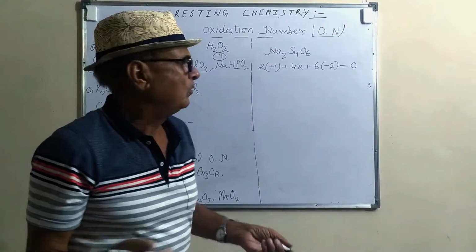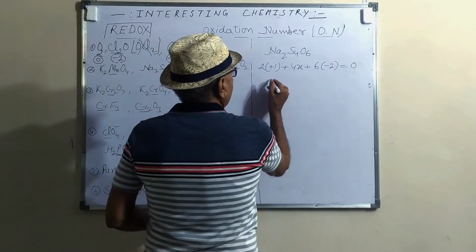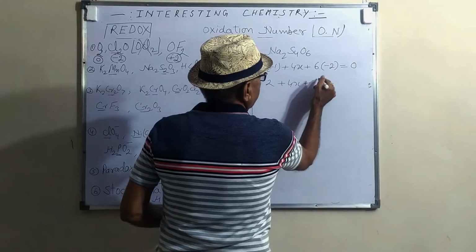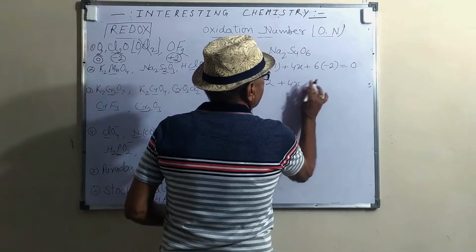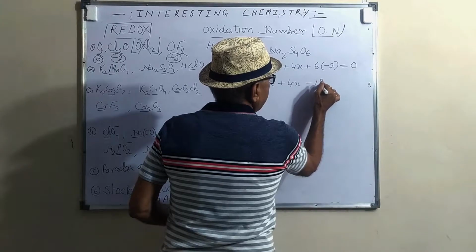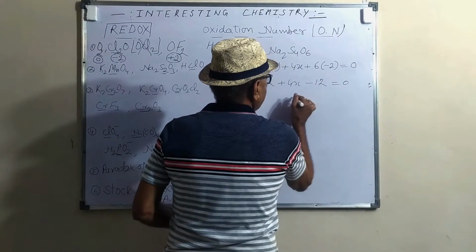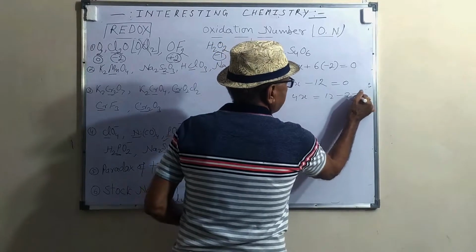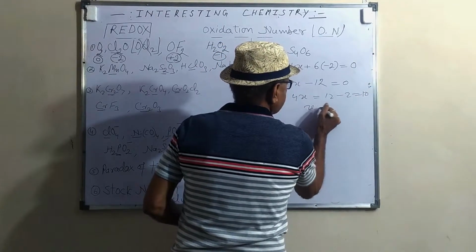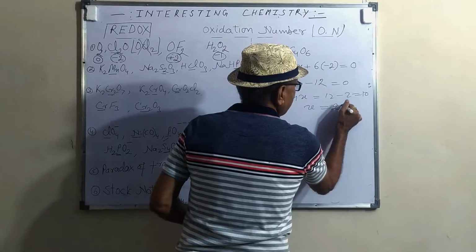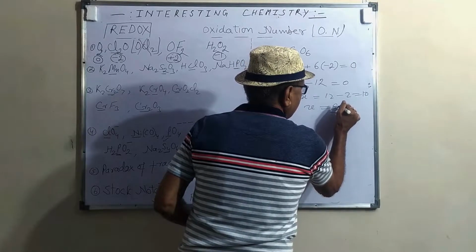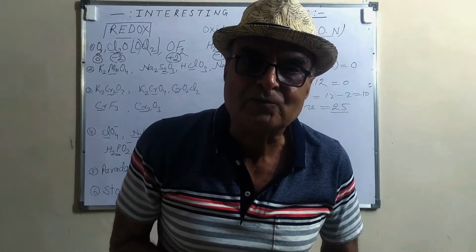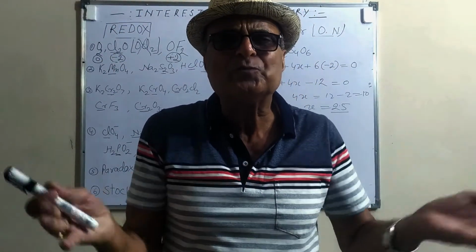Then 2 plus 4x minus 12 is equal to 0. 4x is equal to 12 minus 2, which is 10, and x is equal to 2.5. X is equal to 2.5. This is a new problem.